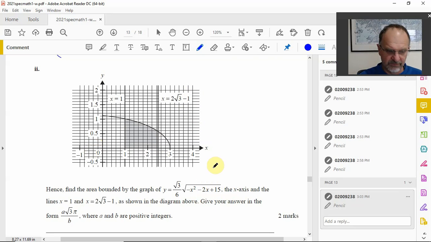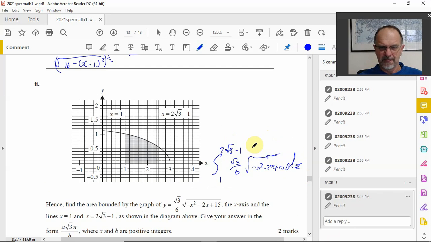That area would be the integral from 1 to 2 root 3 minus 1 of root 3 on 6 times the square root of minus x squared minus 2x plus 15 dx.